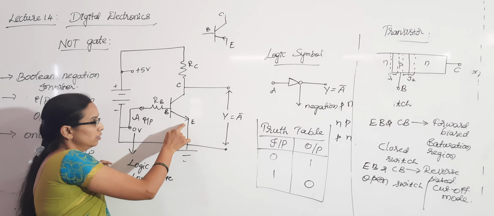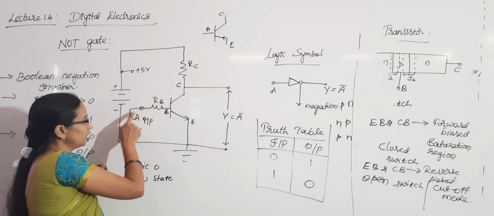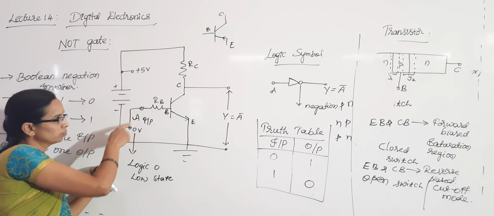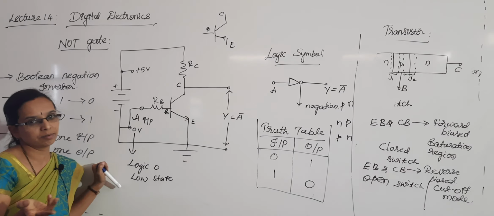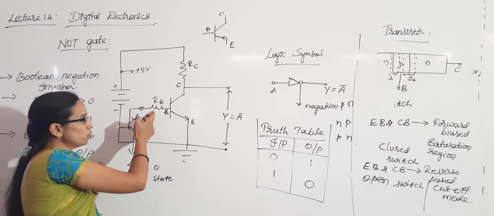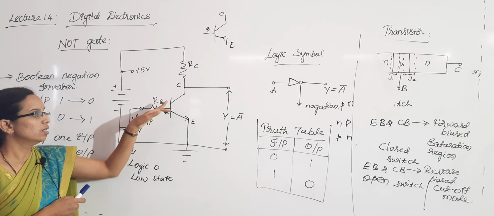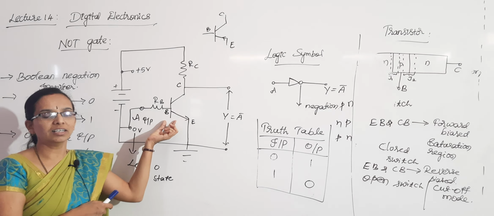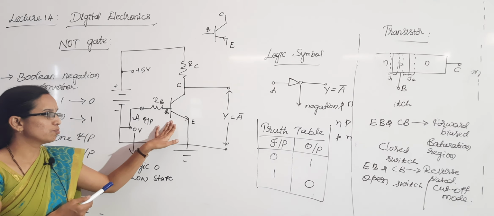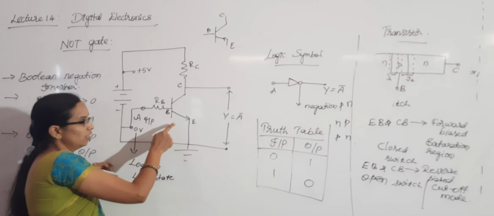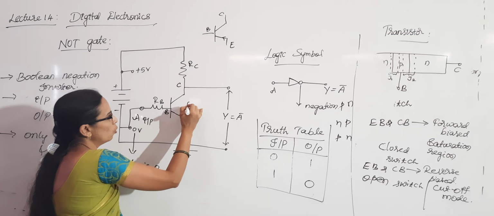When the base is connected to 0 volt, no current flows through this RB, so there is no voltage to the base. With no voltage at the base, charge carriers cannot flow. The transistor will be turned off and go into cutoff mode at this stage. So, no current flows through the transistor. The transistor acts as an open switch.